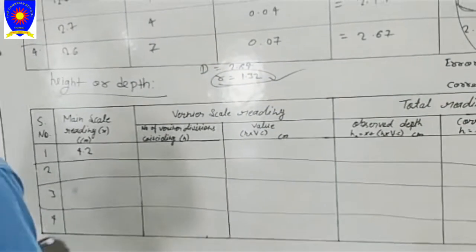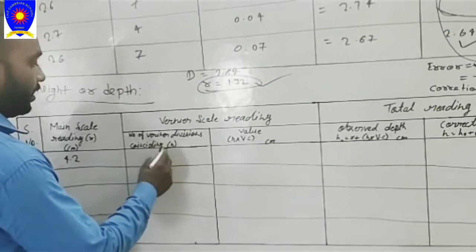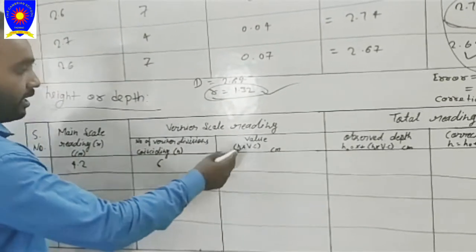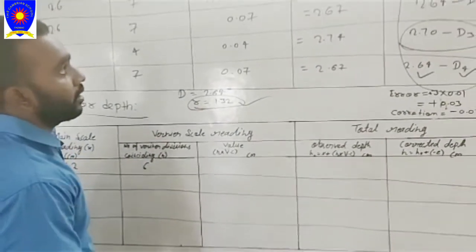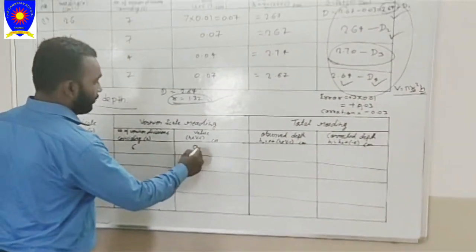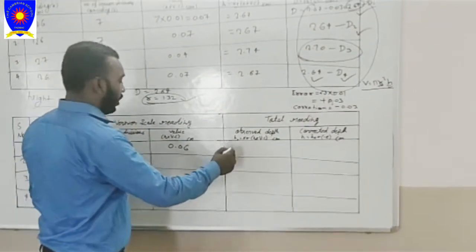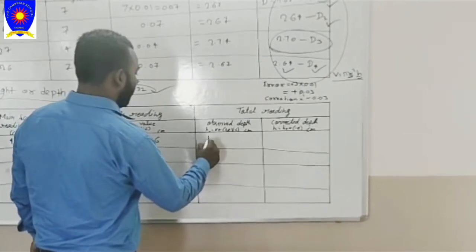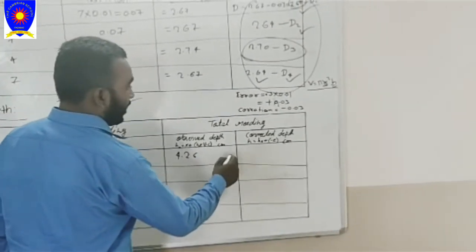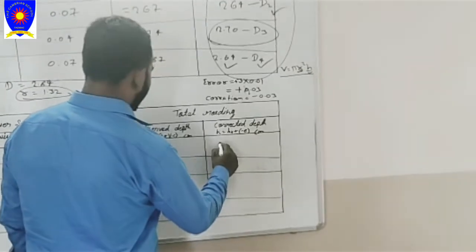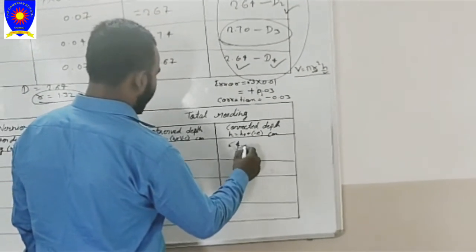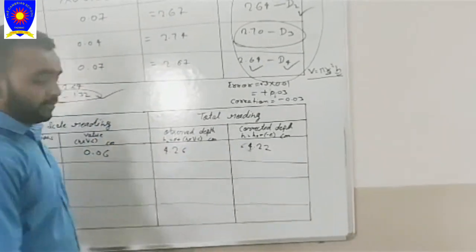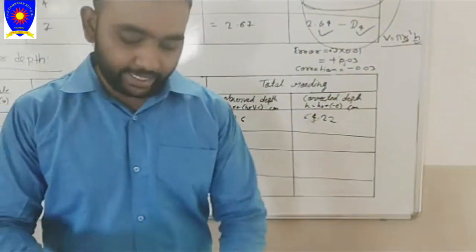So at the place of vernier division coinciding, write 6. After solving this, similar to the upper observation table, it will be 0.06 and the observed value will be 4.26 and its tested value will be 4.22.